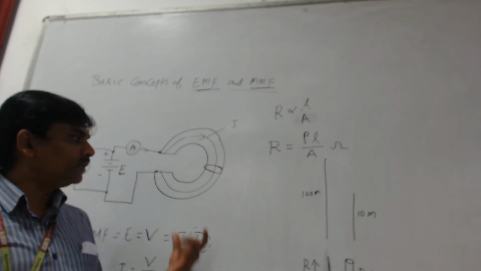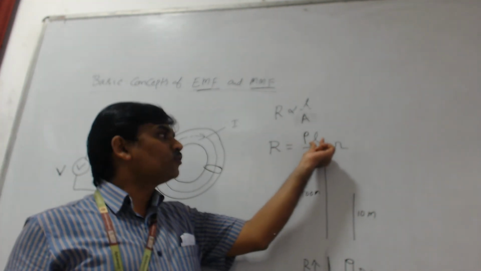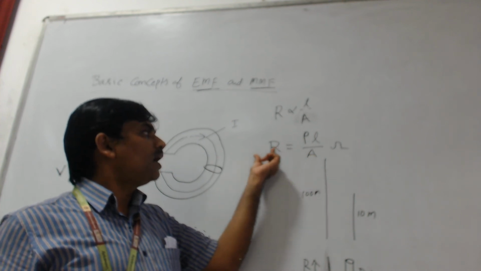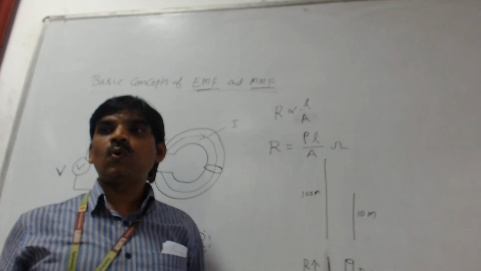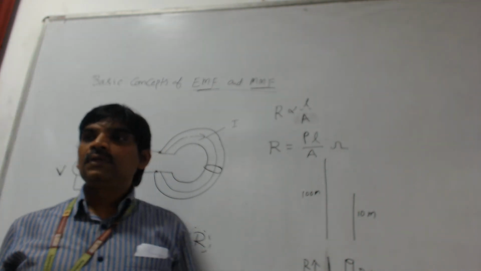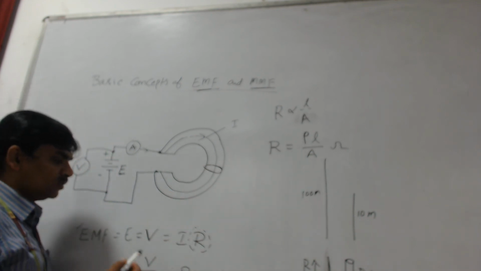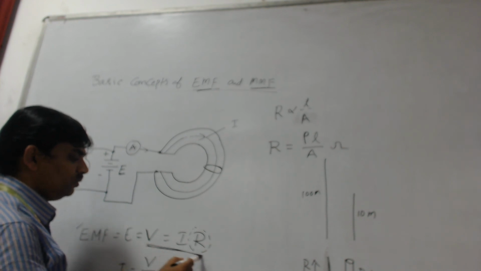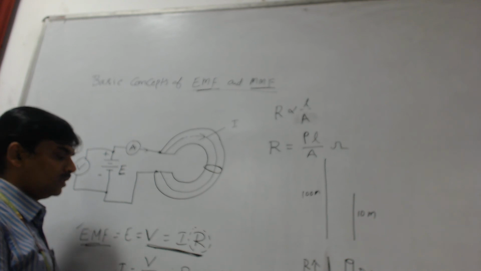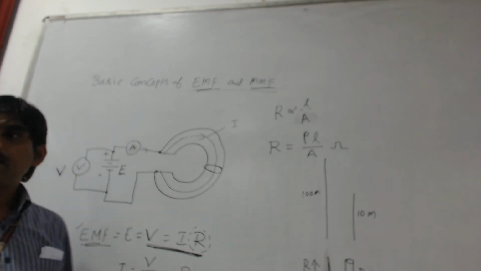The resistance of any material is proportional to L and inversely proportional to A, and the total resistance is equal to rho L by A. According to Ohm's law, V is equal to IR, or otherwise EMF is equal to current times resistance. Thank you.